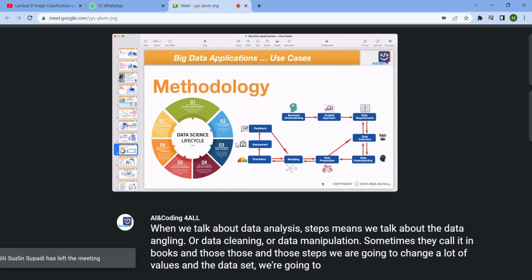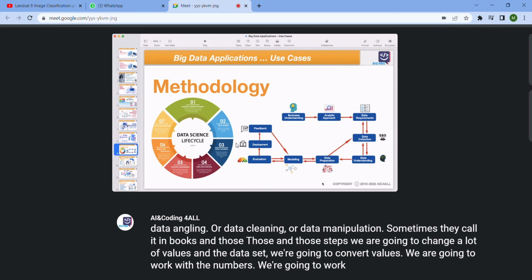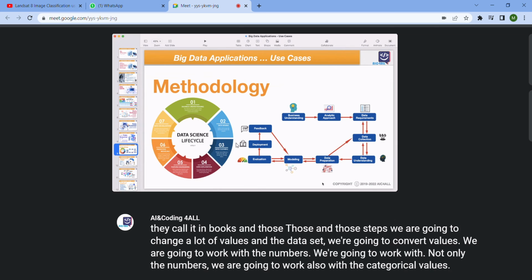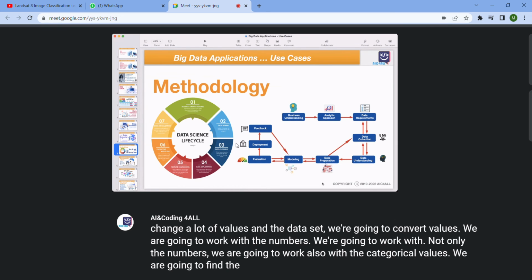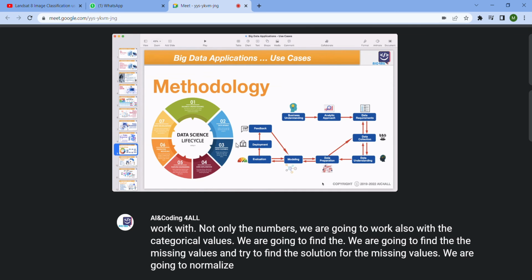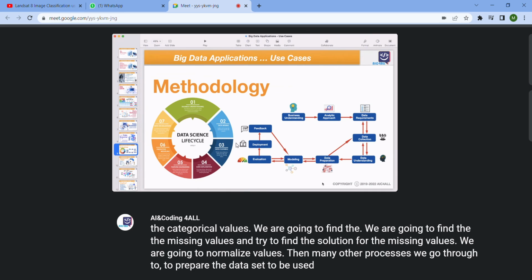We are going to convert values. We are going to work with numbers, and not only numbers, but also categorical values. We are going to find the missing values and try to find a solution for them. We are going to normalize values. Then there are many other processes we go through to prepare the data set to be used later on.